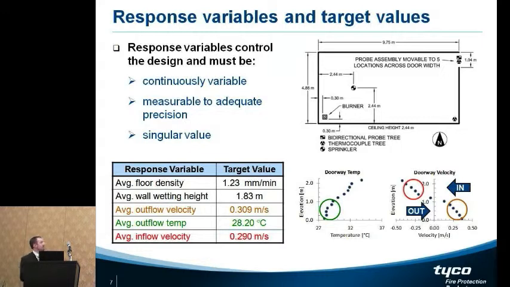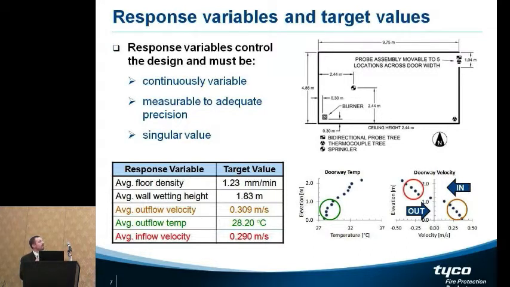So what we actually picked for our analysis here were these five response variables. You see the floor density and wall wetting height. We selected some target values there based on just averaging them from the data that was available. And then the other ones relate to, we'll call it, the energy transfer processes of the spray: the induced inflow and outflow velocities. Here is a schematic of the compartment.